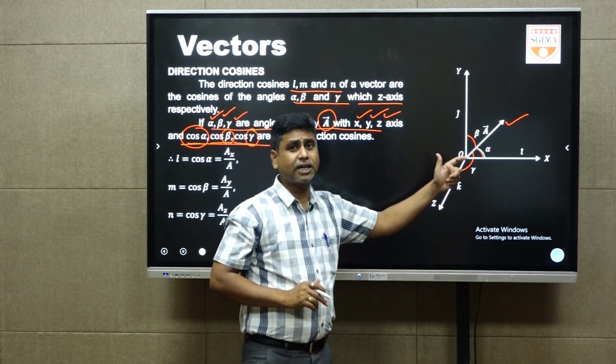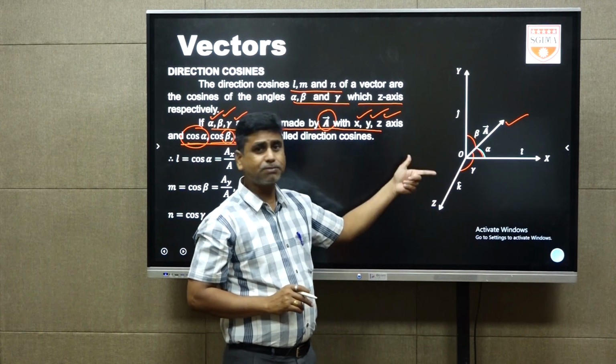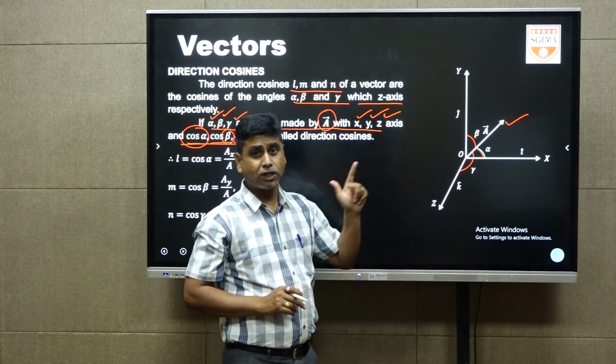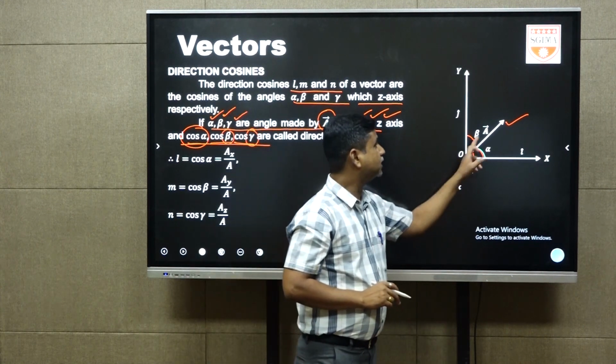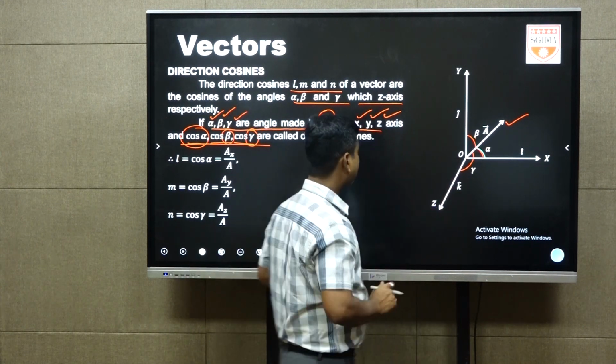If the given vector were in the plane, then alpha plus beta would equal 90, but it is not in the plane. Try to understand this point very clearly.